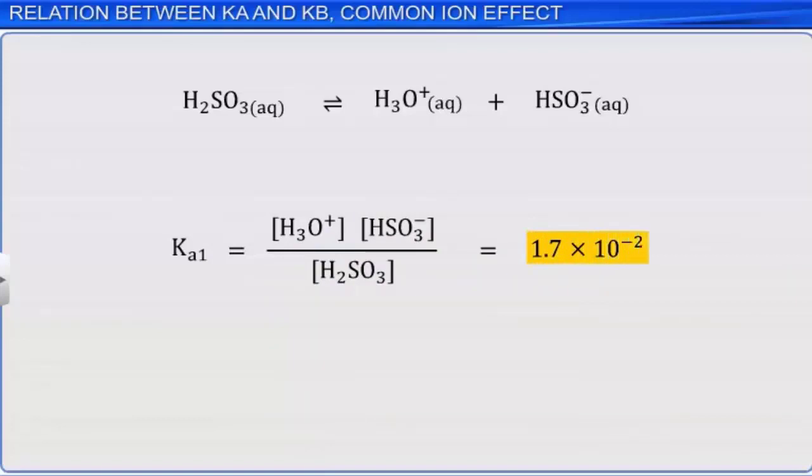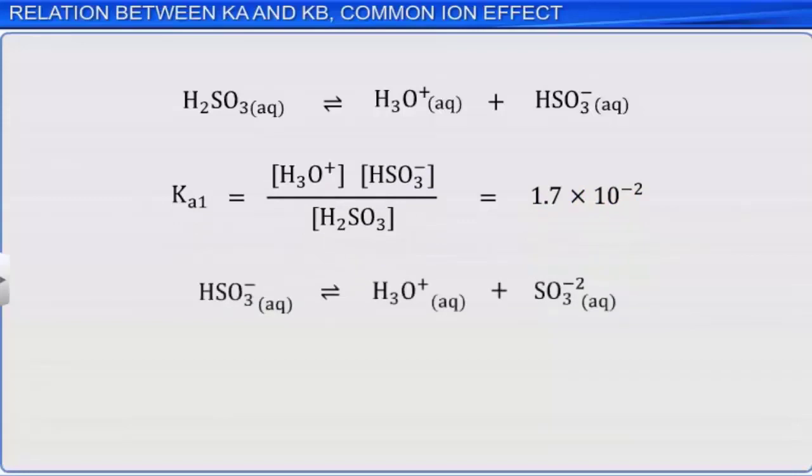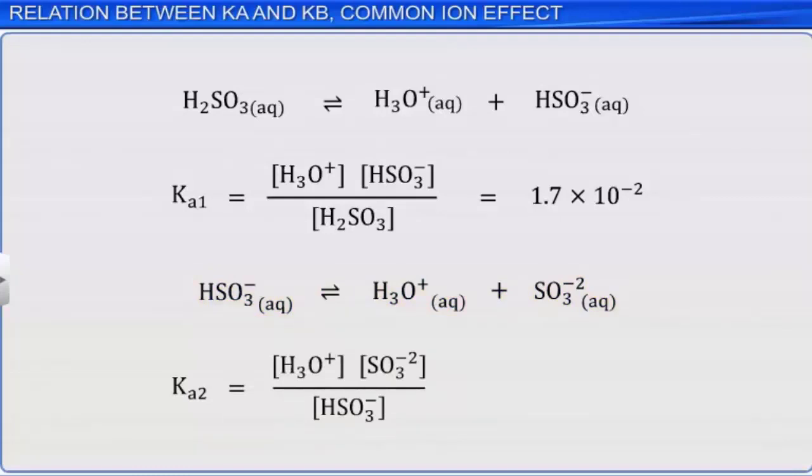Similarly, the ionization reaction of HSO3- can be represented as HSO3- (aq) in equilibrium with H3O+ and SO3^2- (aq). The second dissociation constant, represented by Ka2, is equal to the product of concentration of H3O+ and SO3^2- divided by concentration of HSO3-.